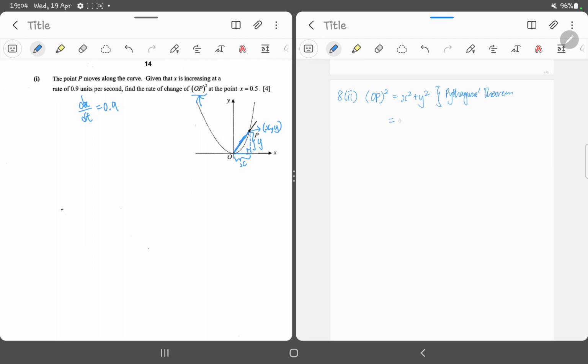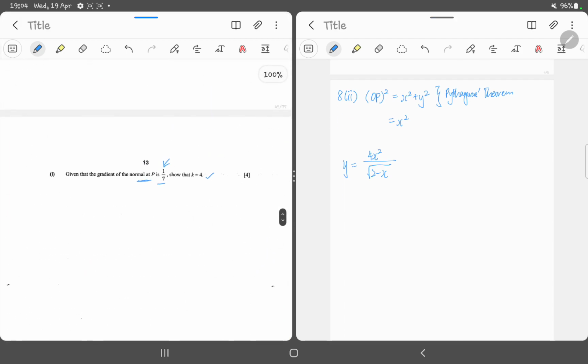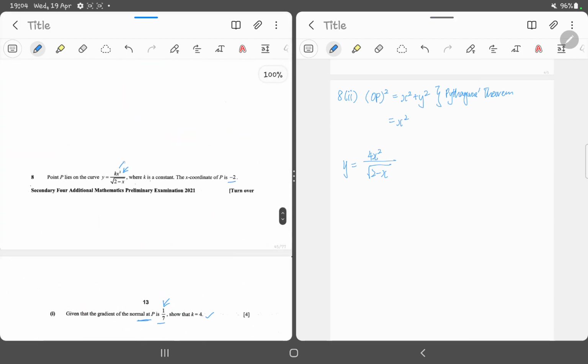So this is equals to x squared, and we know that the curve is actually y equals to 4x squared over square root of 2 minus x, because the equation of the curve was given here and we have shown that k equals to 4. So we put 4 inside, we get y equals to 4x squared over square root of 2 minus x.